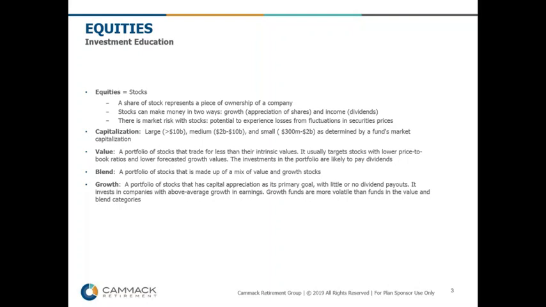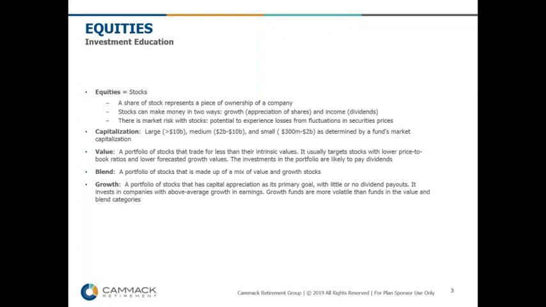Nobody's going to eventually pay off the exact number. So you can have some fluctuations. However, for a retirement plan participant, especially somebody that's not very close to retirement, they offer the greatest potential for reward and therefore the ability to eventually have enough money to retire.